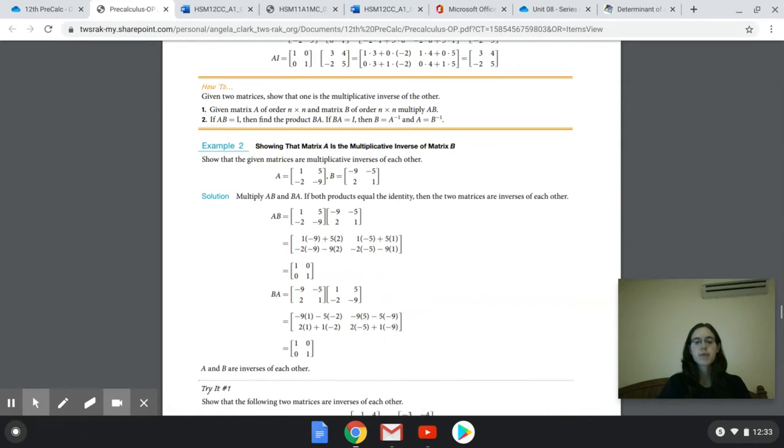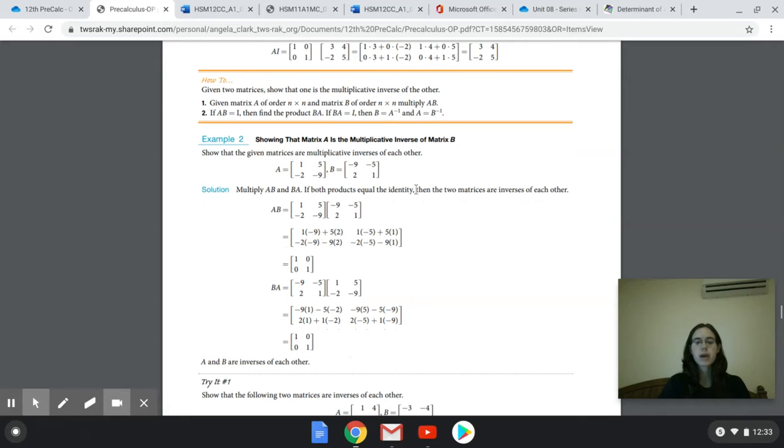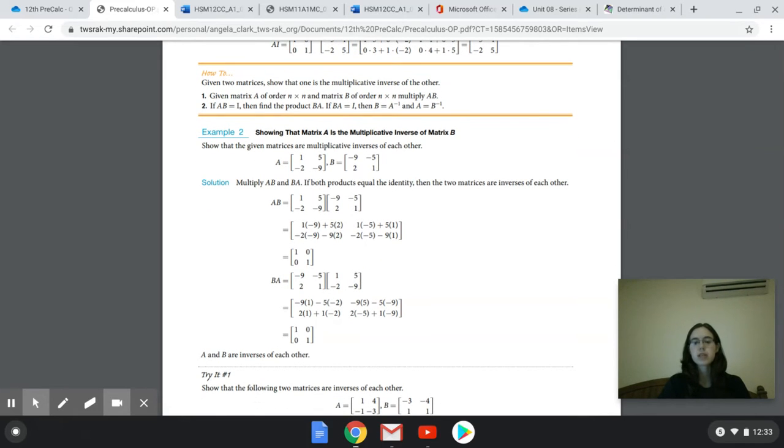Also, if I multiply something by its inverse, I'm going to get the identity, and it doesn't matter which order. So if I want to show that two matrices are inverses, I can multiply them together in either order, either A times B or B times A, and I'm going to get the identity in either one of those.